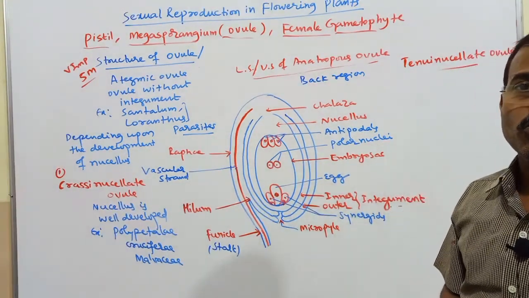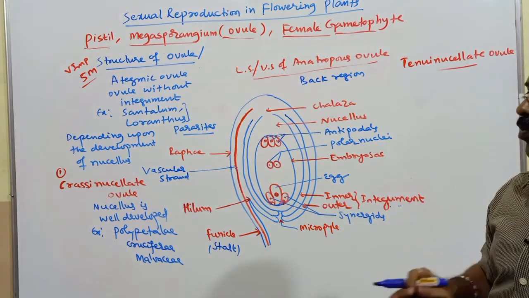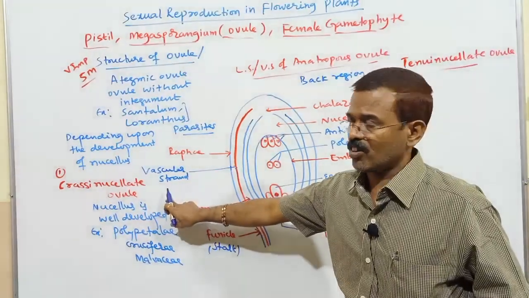The second one, the tenuinucellate ovule. In this ovule, the nucellus is poorly developed, whereas in the crassinucellate ovule the nucellus is very well developed.